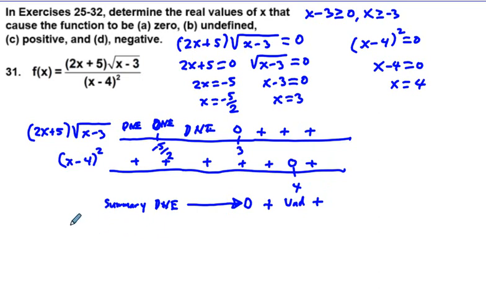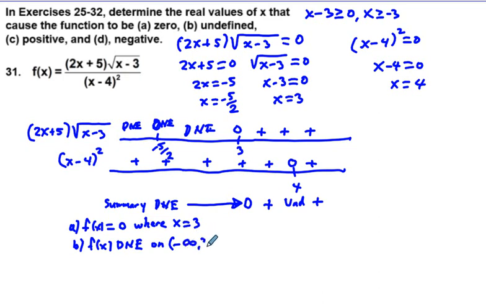So now we can summarize here. A, f of x is equal to 0 where x equals 3. We have f of x is undefined or does not exist from negative infinity up to x equals 3, and also here where x equals 4.